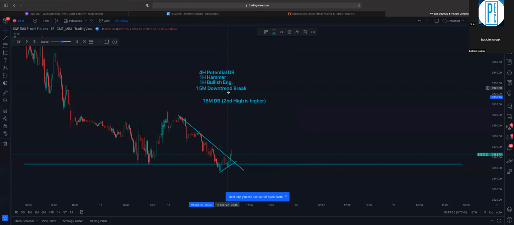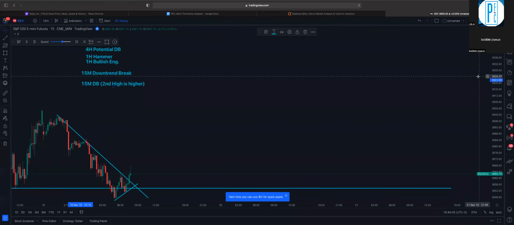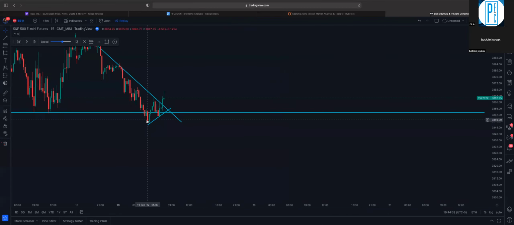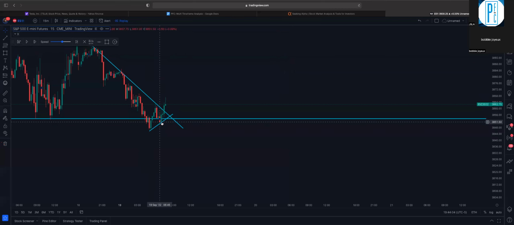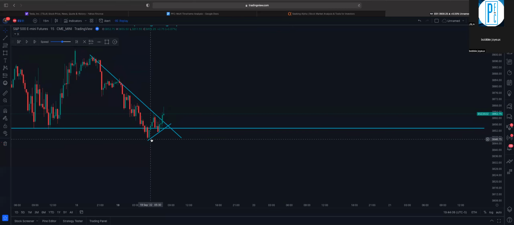And for the people that don't know why, if you have a double bottom, I can zoom in right here, this was our first bottom, and then here we go, we create another bottom. If you have something like that, that means that sellers weren't even strong enough to push the price back down to this low. So that's an even more bullish sign, right?